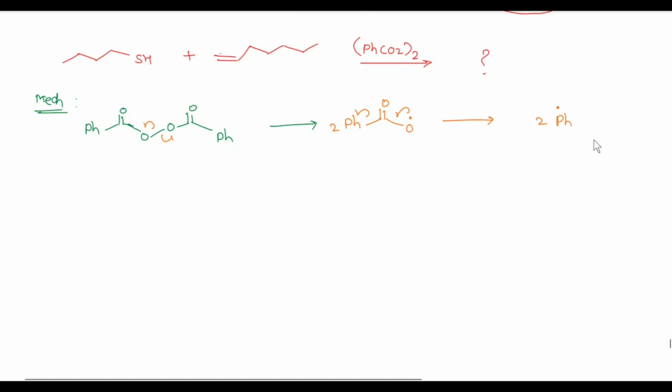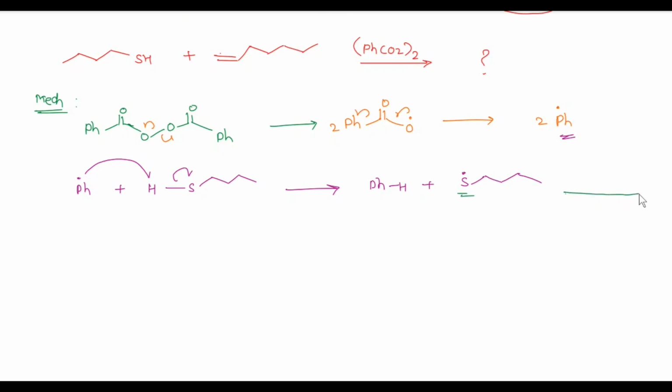So in the next step this Ph radical abstracts hydrogen radical from this thiol and we get benzene as a byproduct plus thiol radical.